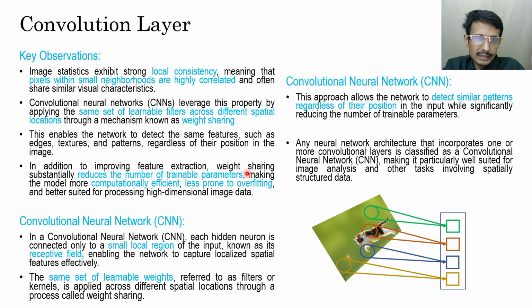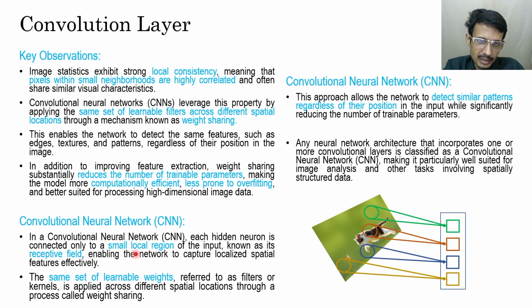Same kernel, so same kind of weights. So it makes the model more computationally efficient, less prone to overfitting, and better suited for processing high dimensional data. So these are the few things that we observed.